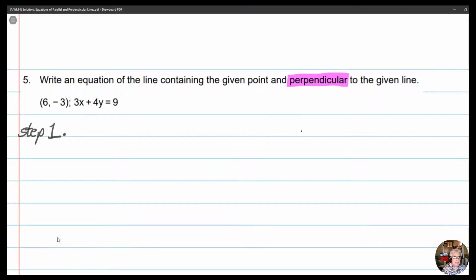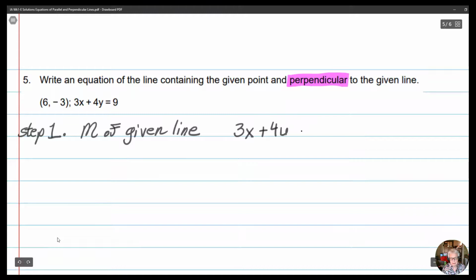So we need the slope of the given line. 3x plus 4y equals, it's positive 9, so plus 9.